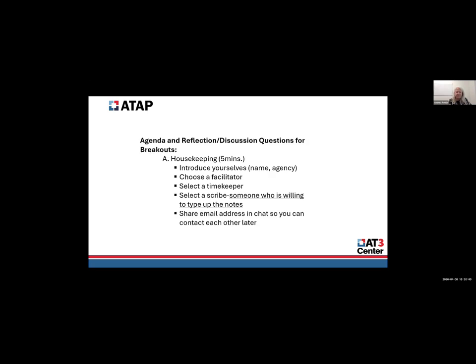We will have you send those to Marty Exline at his email address, and you'll get that in the follow-up to the meeting. And then finally, you may want to share your email in the chat so that those of you who are together in these breakout rooms can continue to meet with each other, connect with each other, share ideas.